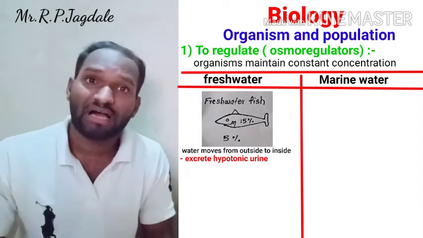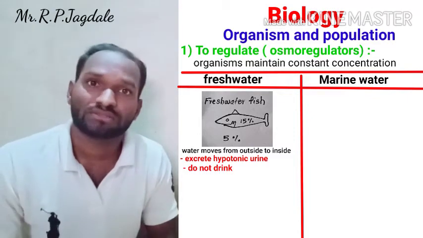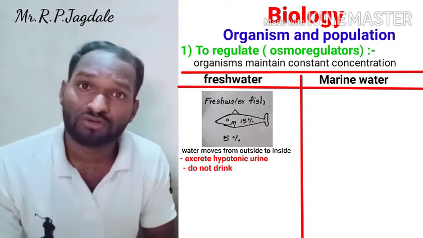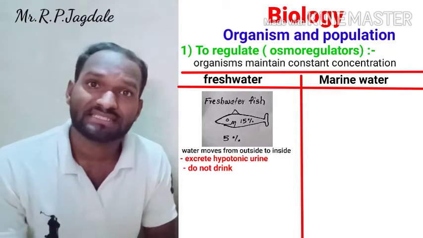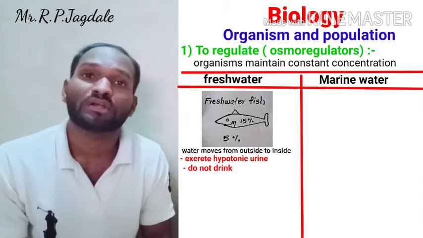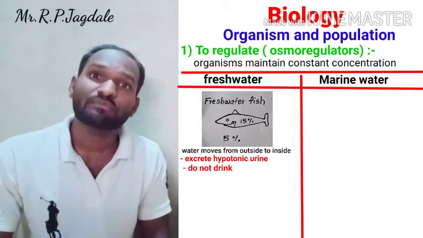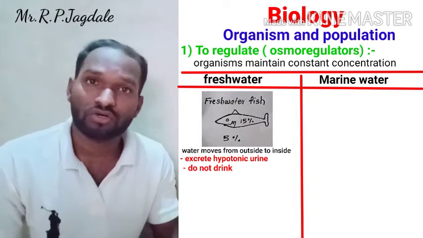Another function is that the fish does not drink. So the problem of water concentration is handled by excreting hypotonic urine and not drinking water. The problem is solved.